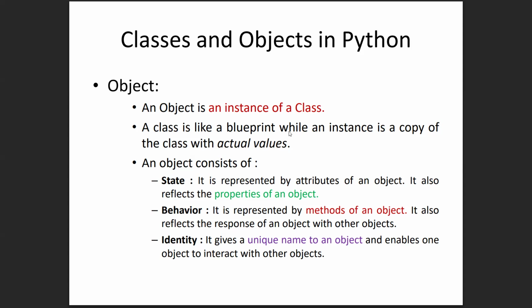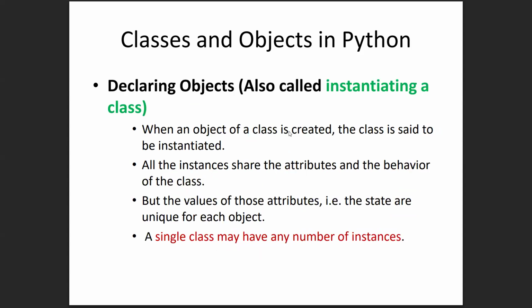In order to identify us uniquely. Like that here also, if you want to identify an object, they will use an identity to give a unique name to the object, and it also enables one object to interact with other objects. So that is what it is saying.